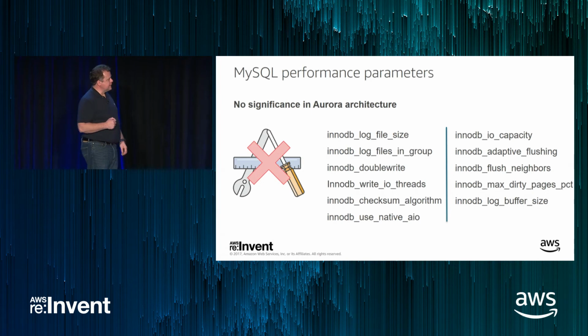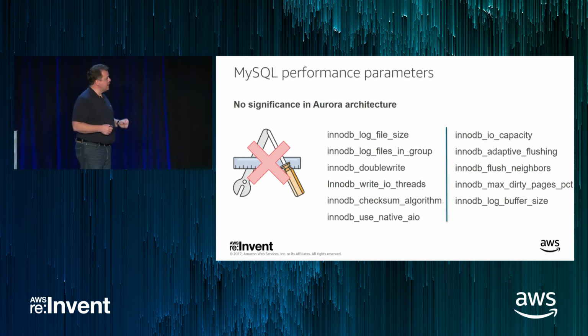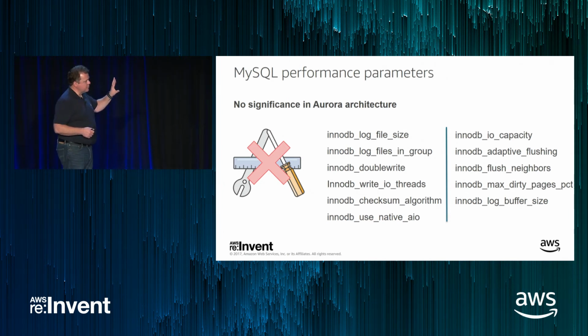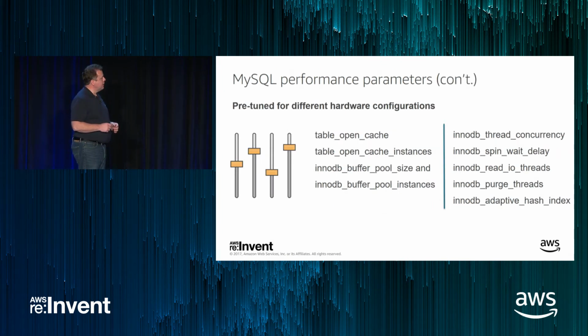The settings listed up here are settings that, if you were running a MySQL database on a block store instance, EBS volumes, ephemeral volumes, or on-premise, you very well may be interested in tuning. They have zero impact on Amazon Aurora because of how we handle that data differently.